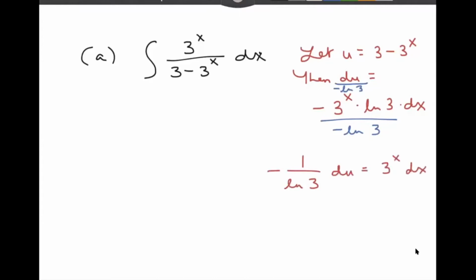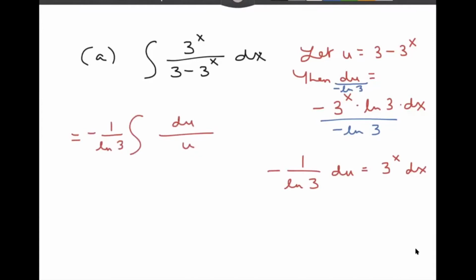All right, and now I think we're in business. So we're going to replace our 3 minus 3 to the x with u. And then we're going to replace 3 to the x dx with du, but we're going to stick here a minus 1 over natural log 3.